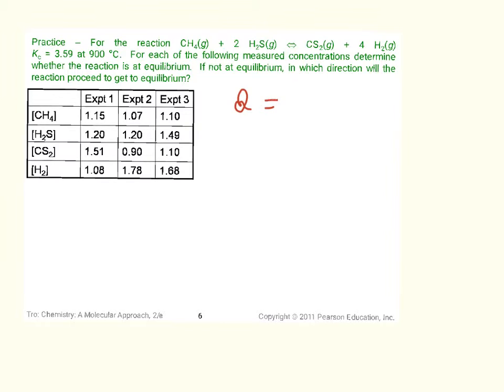The expression for the quotient will be based on the equation: the concentration of carbon disulfide times the concentration of hydrogen to the power 4, over the concentration of methane times the concentration of hydrogen sulfide squared.